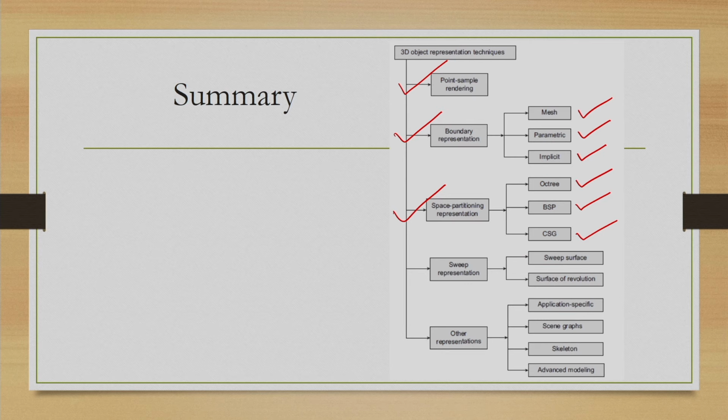The fourth technique is sweep representation, where we do not represent the whole object, instead we represent the objects in terms of a primitive shape and some movement path or the trajectory.